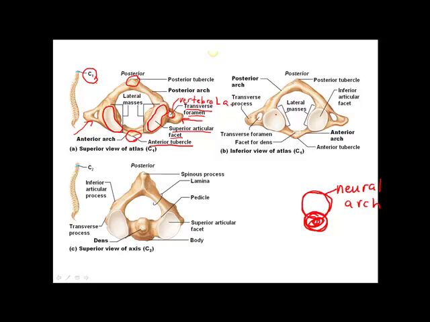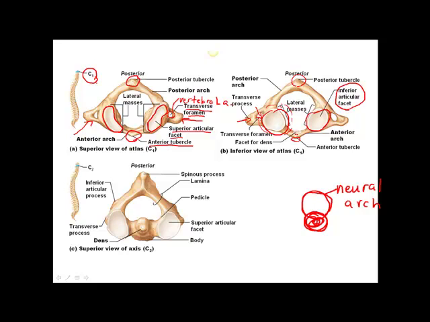Now, the inferior view, here it's the inferior articulating facet or articular facet, right here. Again, the lateral masses, that's just this big chunk of bone here. Transverse process, transverse foramen, posterior tubercle, anterior tubercle.